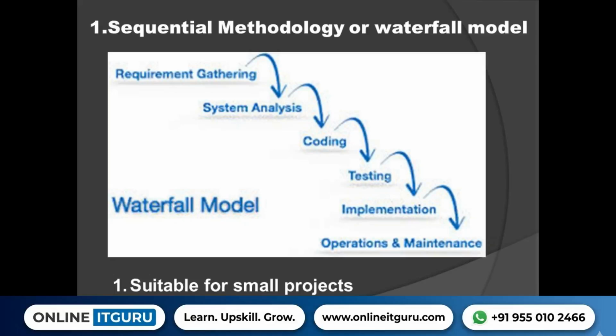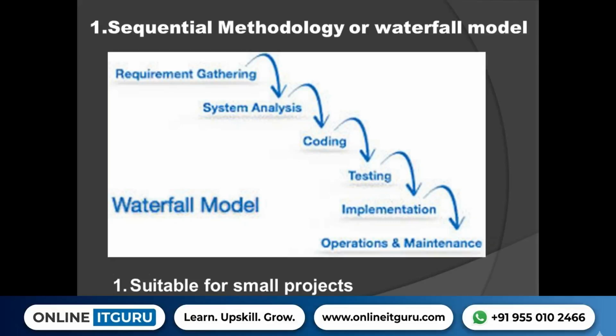So this method does not allow any requirement changes. And in this method we are not going to take any risk. Suppose if you feel that the project is having some kind of risk, then we are not going to develop that project in sequential methodology.